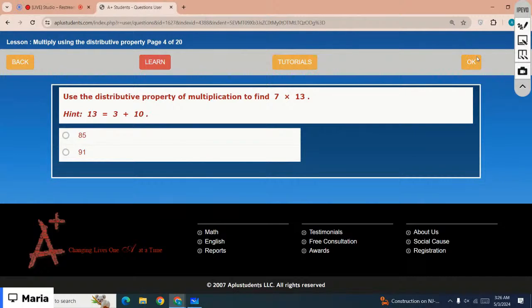That is 91. The correct option is 91. Option number 2 is the correct option, right?